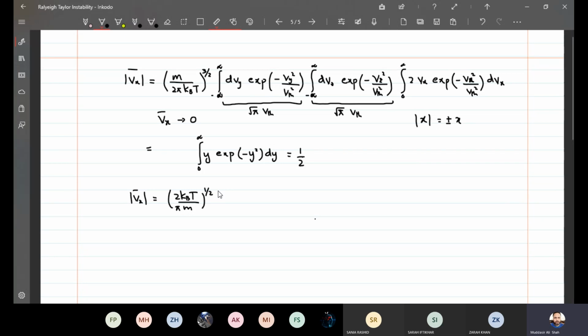So you can see that the Vx modulus average value is different from the Vx average value, and similarly you can find out some other average quantities in this.